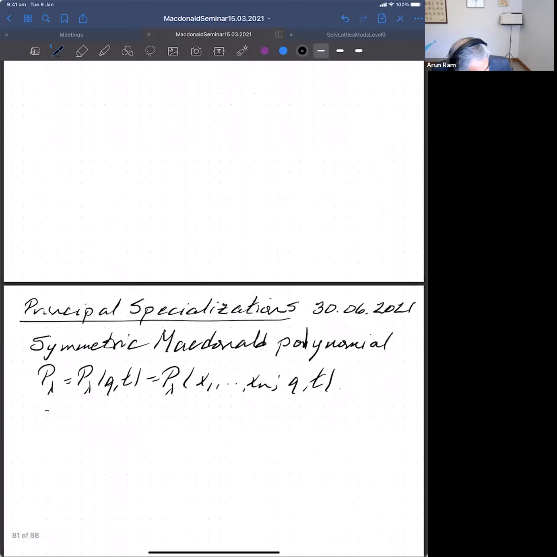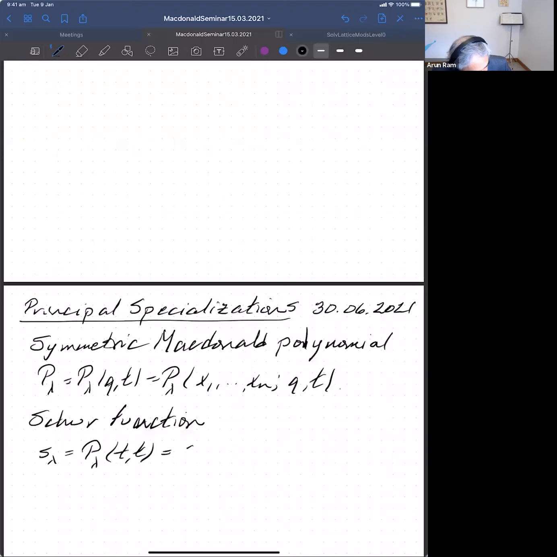And of course, the Schur function is a special case of this P lambda. The Schur function is denoted s lambda, which is P lambda of (t,t). So when you set q equal to t, you get the Schur function.